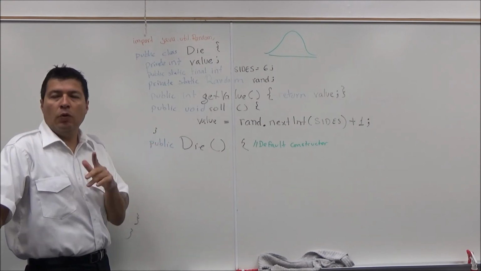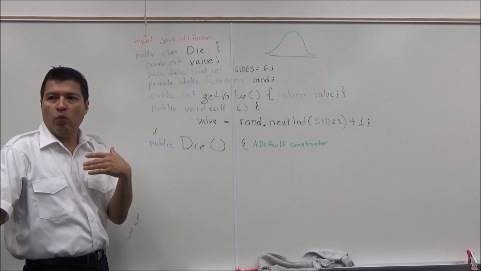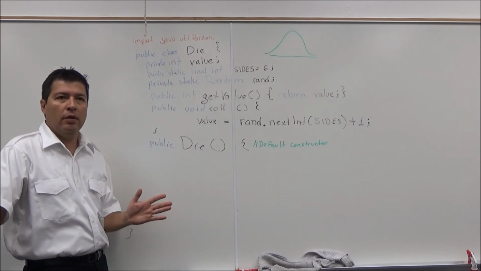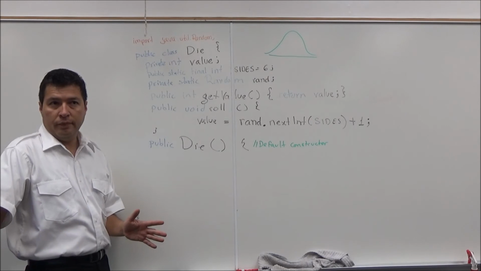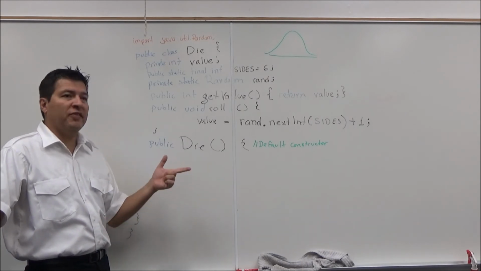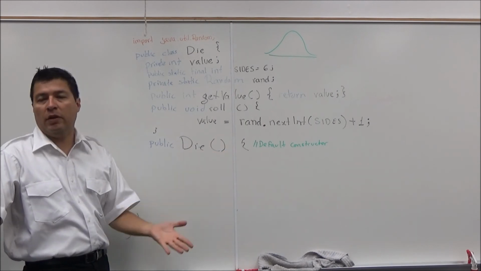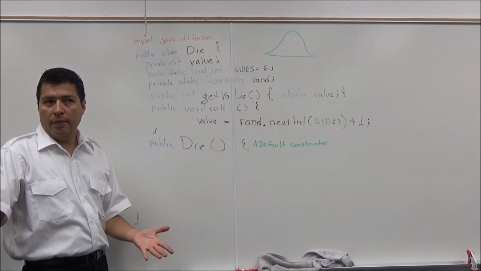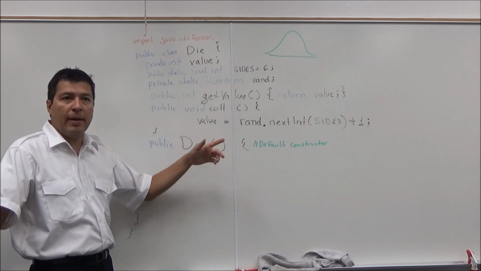Therefore, there will be no default constructor. Because I made one, so Java doesn't make any for me. The only time it does is if I have made none. So if you try to do Scanner equals new Scanner with no parameters, it's going to give you an error. Because whoever made that class made it so that it has to take a parameter.